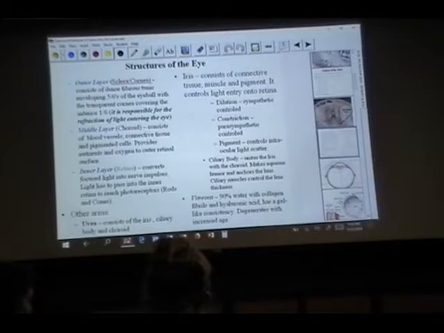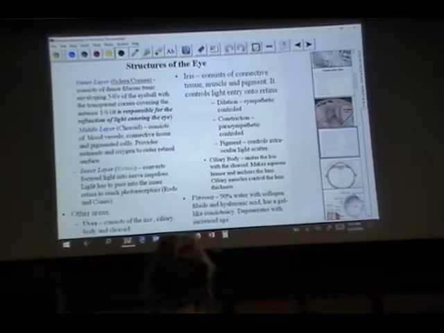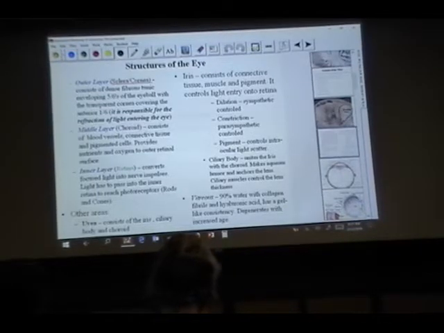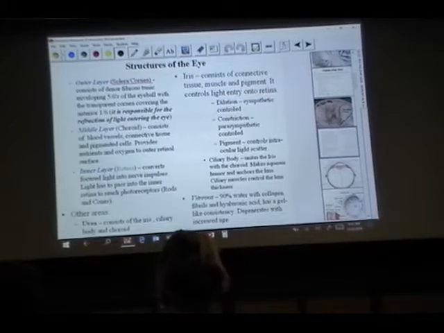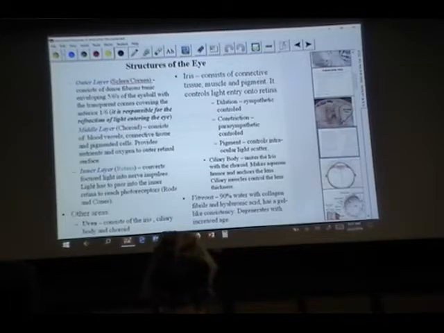As we go inside, we've got this uvea area, which consists of the iris, the ciliary body, and the choroid. We have control of this opening autonomically, either via a parasympathetic aspect for constriction of the pupil, or a sympathetic aspect for dilation of the pupil. Okay?